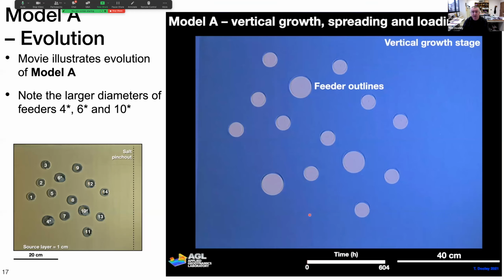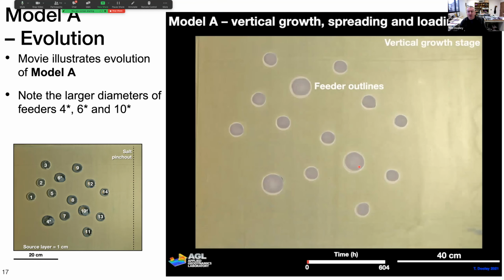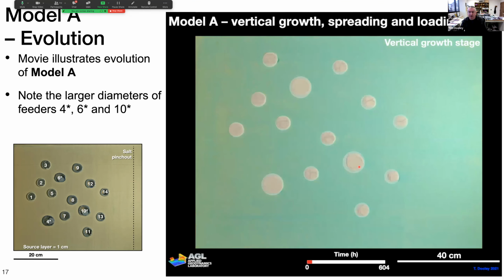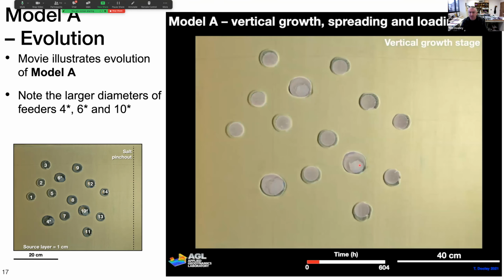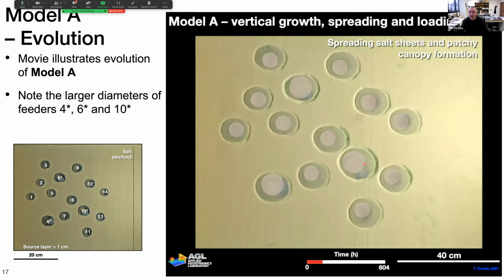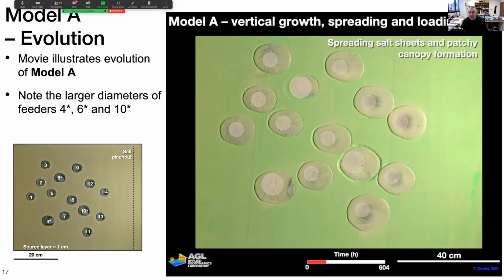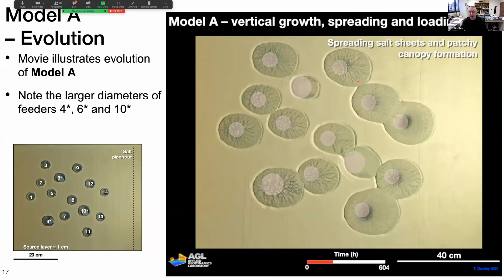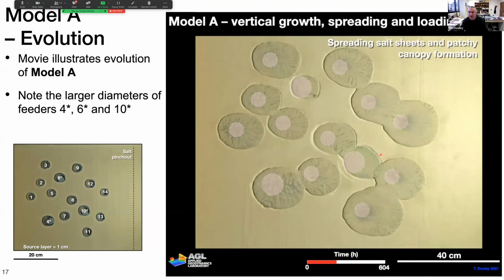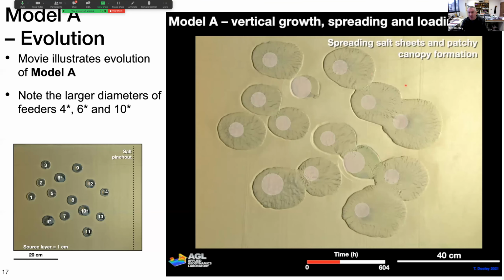So just starting on this model A here, and as you can see, these feeders here, 4 star, 6 star, 10 star, were larger. And here we are at the early stages with our stalks or feeders going upwards, beginning to flare out now, beginning to spread downslope, also beginning to suture up and form a pretty patchy canopy system.